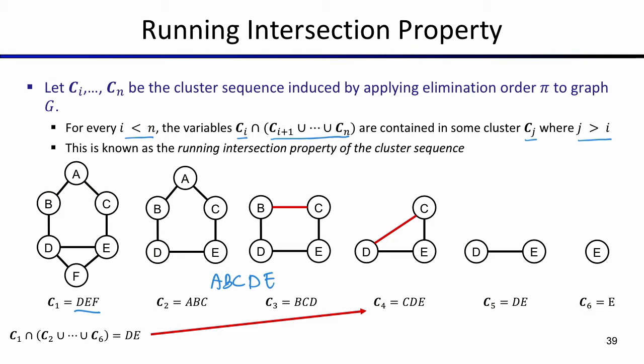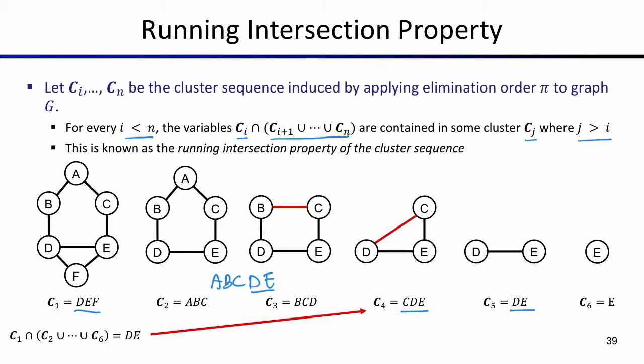The intersection between d, f and a, b, c, d, e is d, e. And this de will appear somewhere in a cluster. In this case, it's appearing here and also here, together, at the same time. Not just d in one cluster and e in the other cluster, but d and e together in a single cluster.